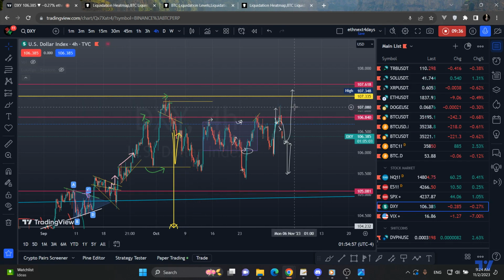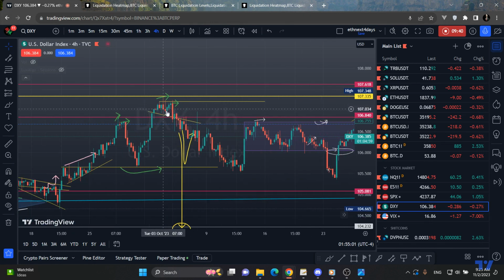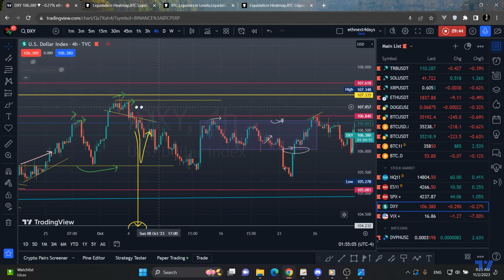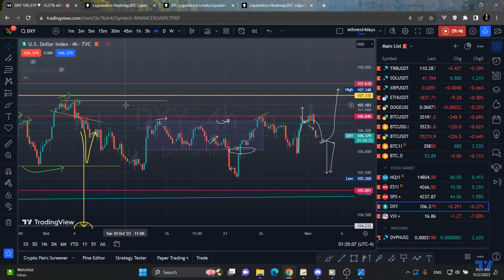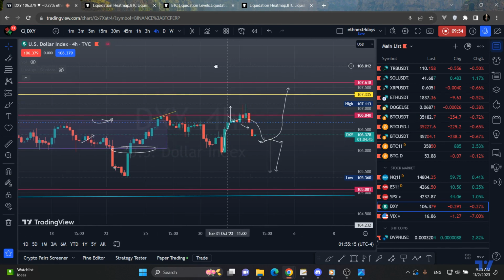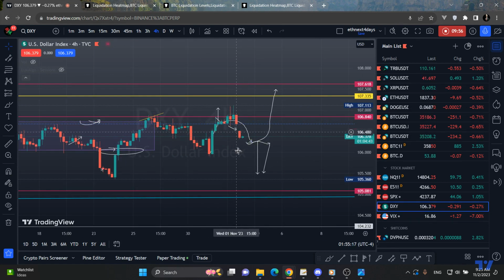What we see is not a double top, but just a retest around this momentum candle, a little bit at the top of it, which shows a rejection because we couldn't complete it right here. So right now we could see a rejection after maybe retesting the high of this momentum candle right here, and then continuing to the downside.